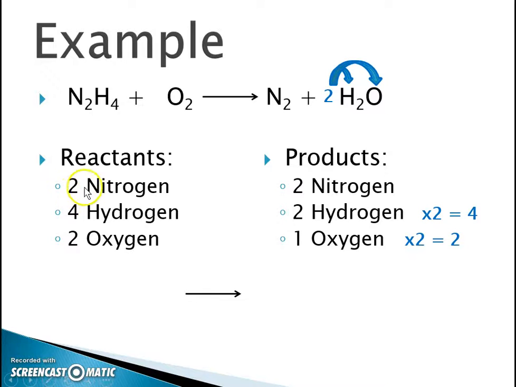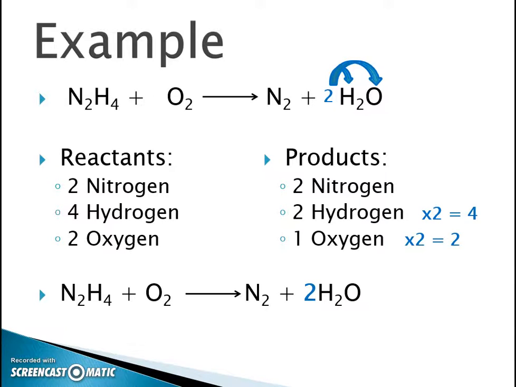We have 2 nitrogen and 2 nitrogen, 4 hydrogen and 4 hydrogen, 2 oxygen and 2 oxygen. So this is now a balanced chemical equation. So this is your result. N2H4 plus O2 yields N2 plus 2H2O.